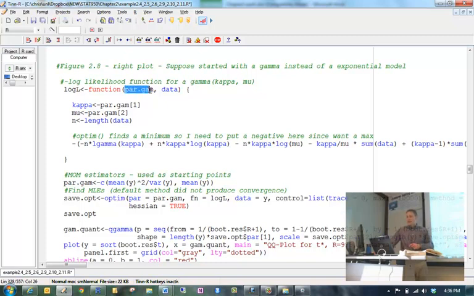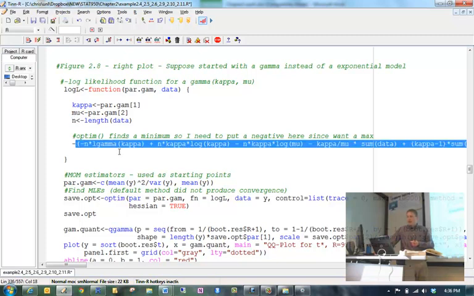This is going to be a vector, where the first element, I've decided to let correspond to kappa. Second element, mu. Next, I pass in my data. So I calculate my sample size, and then I actually put into the correct R syntax the log likelihood function.